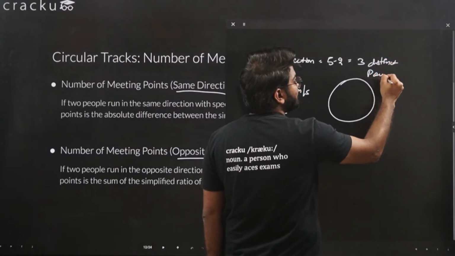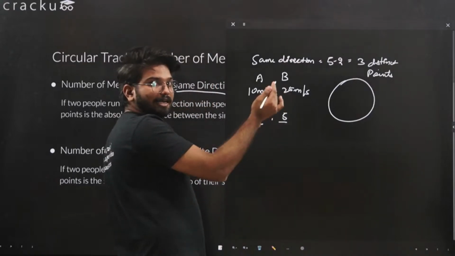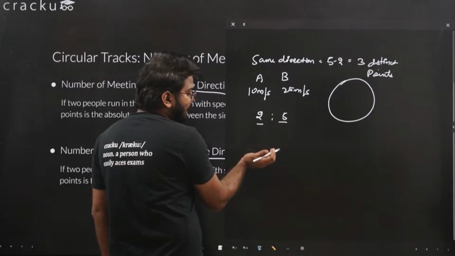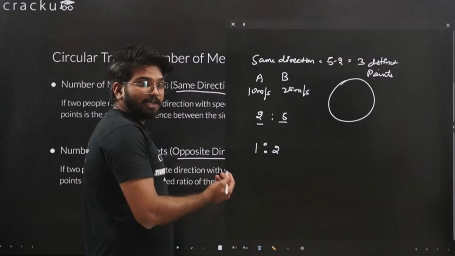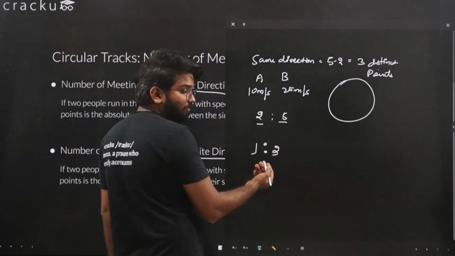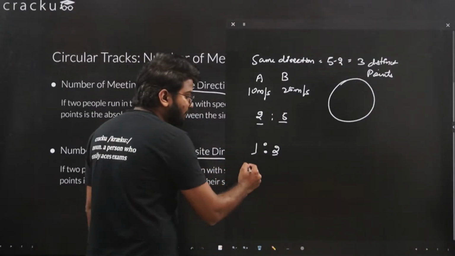Let's check the same concept with the example we understood. The ratio of their speeds was 1 and 2, and they were moving in the same direction. So at how many distinct points will they meet?